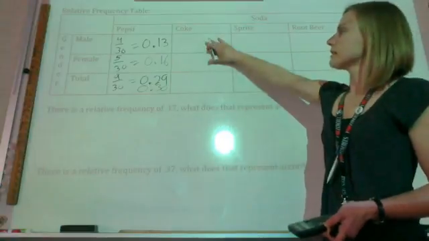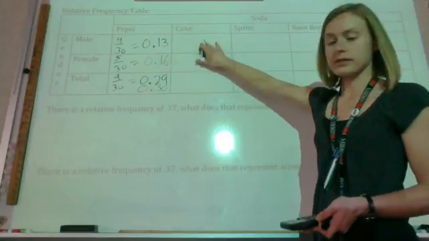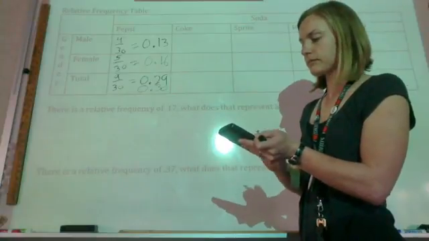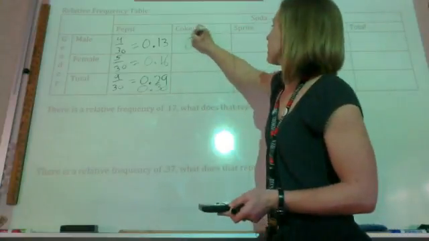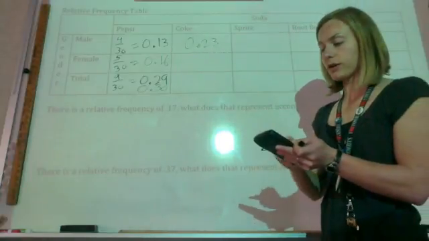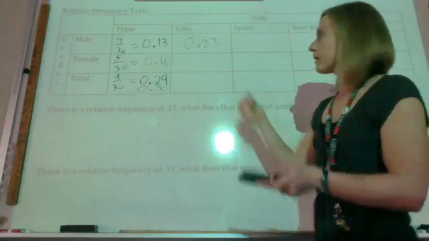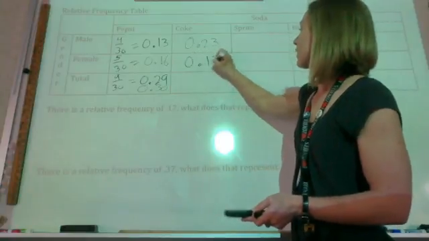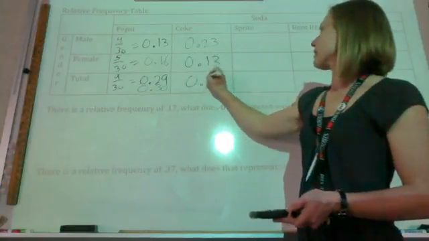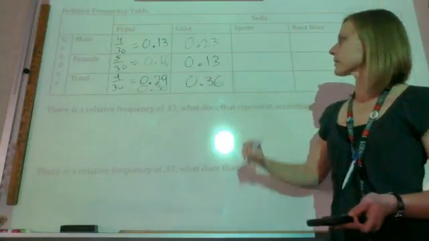So now, let's take a look at Coke. The amount of males who liked Coke was 7, so that's 7 divided by 30, and that's 0.23. The amount of females who liked Coke was 4, so we do 4 divided by 30, 0.13. Once again, we can just add these up for our total, so that'll be 0.36.